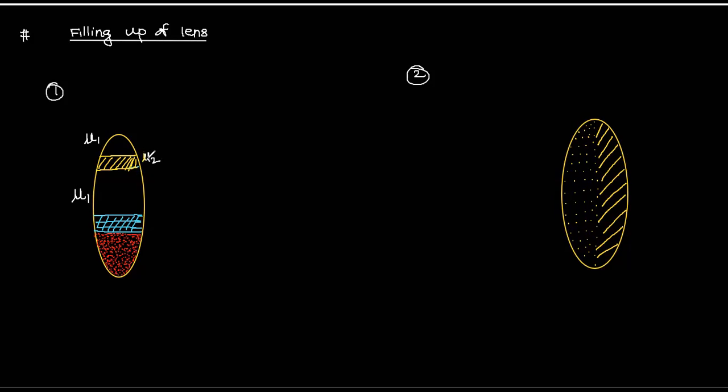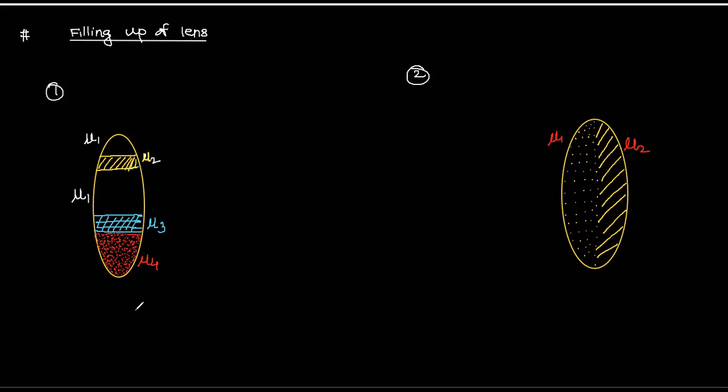This one is mu2, then this one is mu3, and this one is mu4. And here we have filled, suppose, length like this. Let us suppose this side is mu1 and this side is mu2.